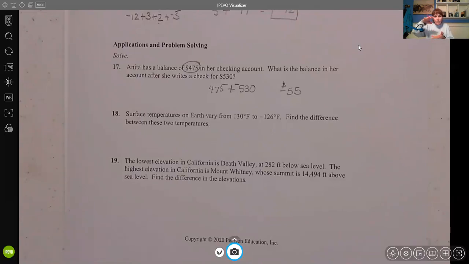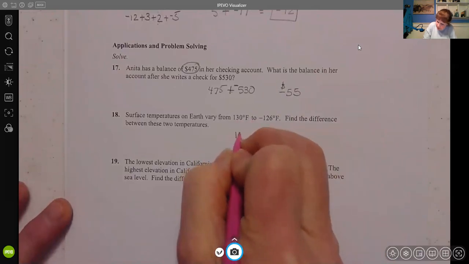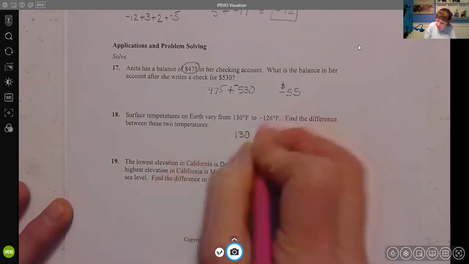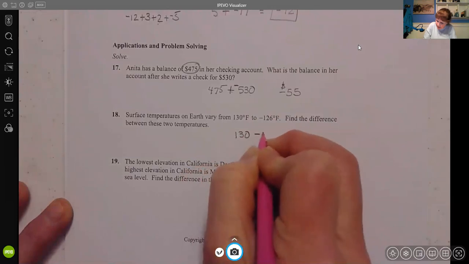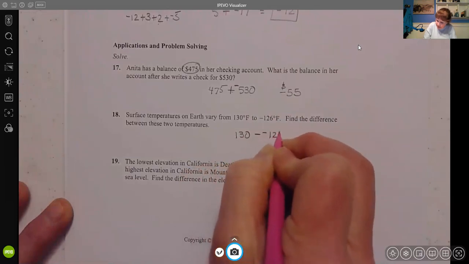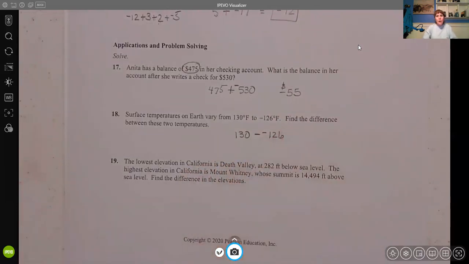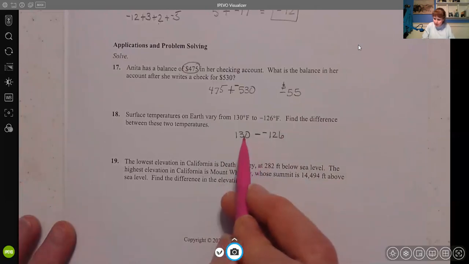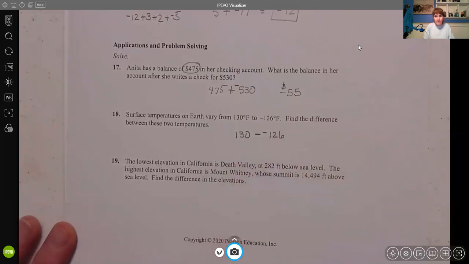So we want a positive value when we find the difference or the distance between these two. So we're going to take 130. We want the difference, so you subtract a negative 126.